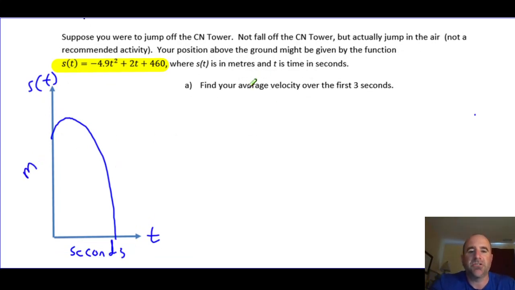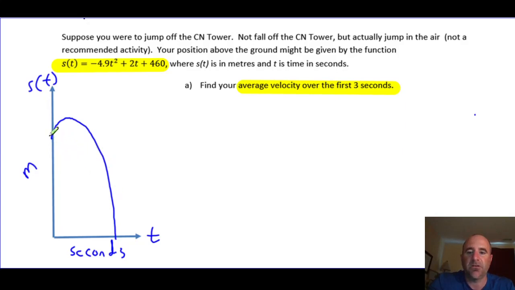The first question says find the average velocity over the first 3 seconds. Something that you might remember from earlier in the course is that average rate of change is the slope of a secant, and that's exactly what we have here. So we're looking at the slope of the secant from 0 seconds to 3 seconds.